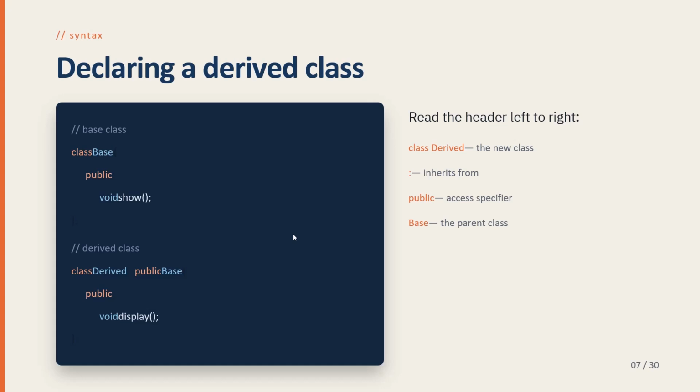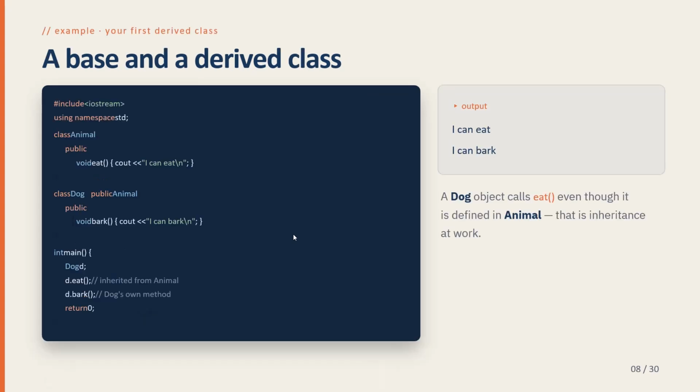Here is a simple example. Let's now see a simple program. We create a class called animal. Inside the animal, we define a function called eat. The function displays I can eat. Next, we create a class dog that inherits animal.